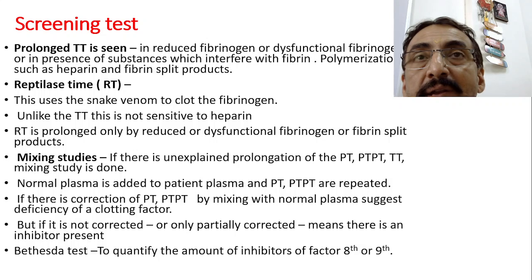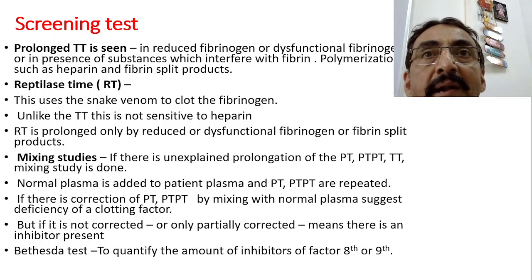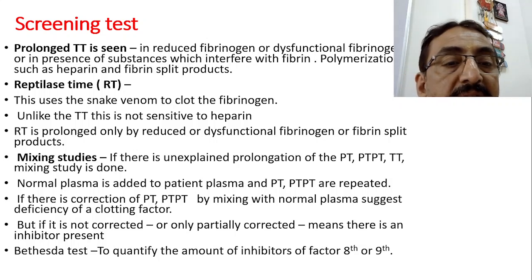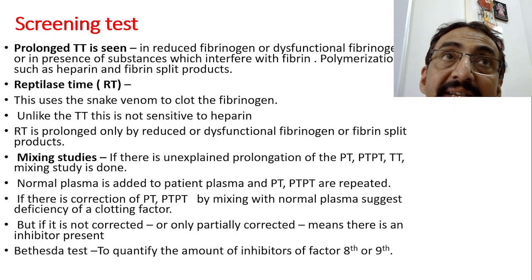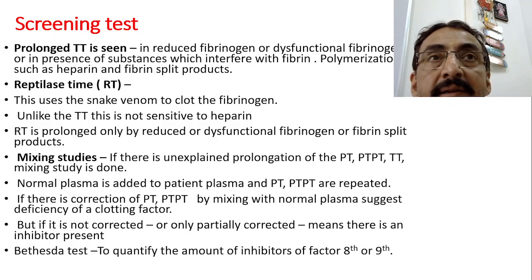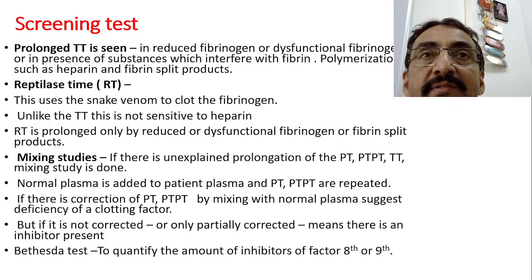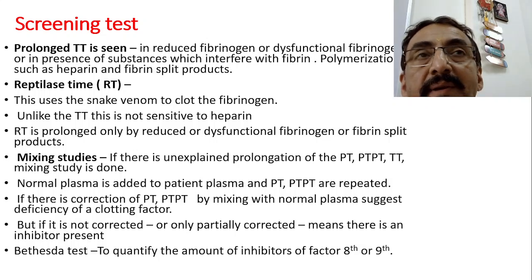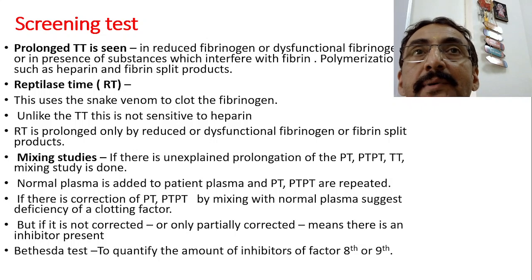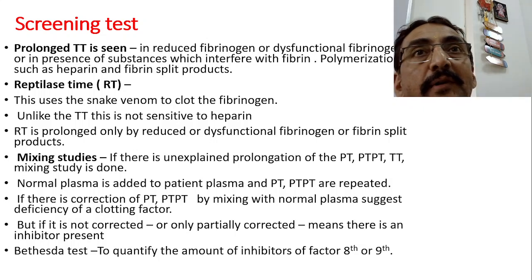So that suggests that previously there was some deficiency which was left unnoticed. But if it is not corrected, or only partially corrected, it means there is presence of some inhibitor. There is no deficiency of any particular clotting factor. Rather, some inhibitors are present. Therefore, even after adding the normal plasma, it is not corrected.